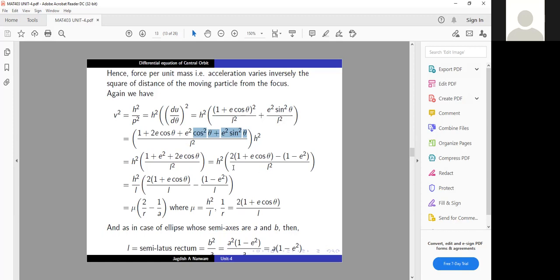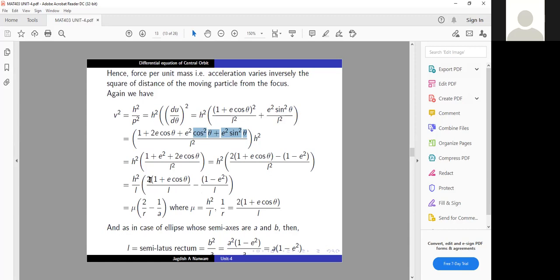Now, we can write this as 2e cos theta plus 1, and you just add and subtract 2. Further, you can take 1 by L common, and that can be separated: this divided by L minus 3 divided by L. Because we take 1 by R as 2 into 1 plus e cos theta upon L, so that we write here.